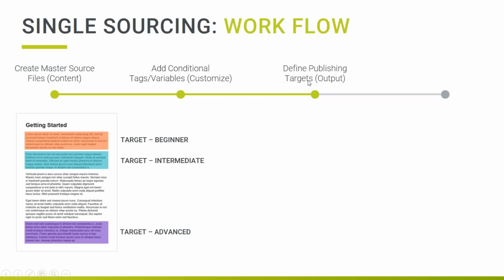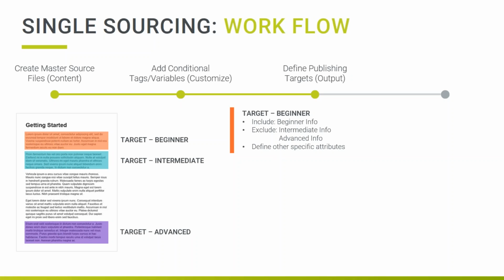publishing targets. Think of a target as a recipe. How should my topics be processed to get a specific customer version? So in example, I could have a target here that says, include any of the content marked in red, exclude any of the content marked in blue or purple, and then any other rules.